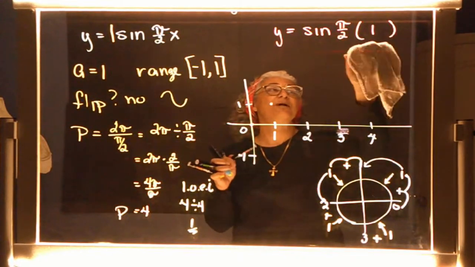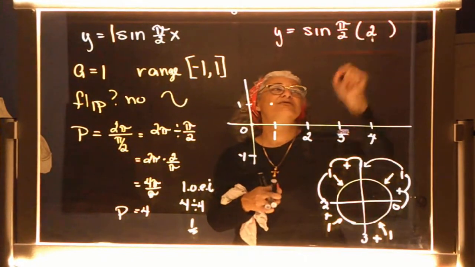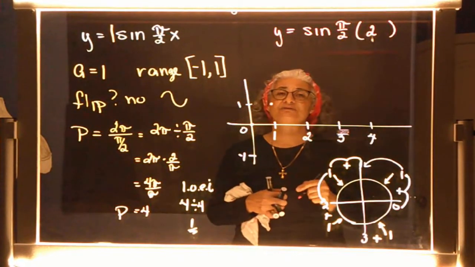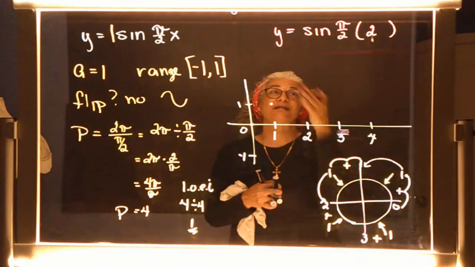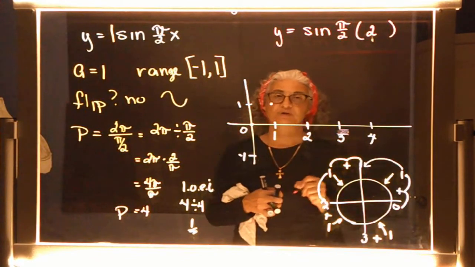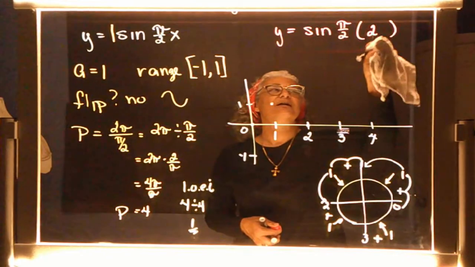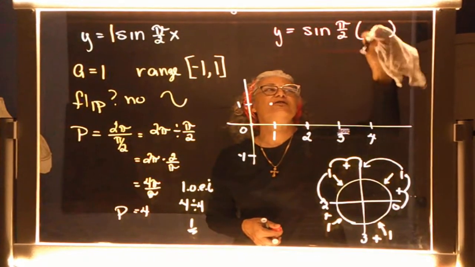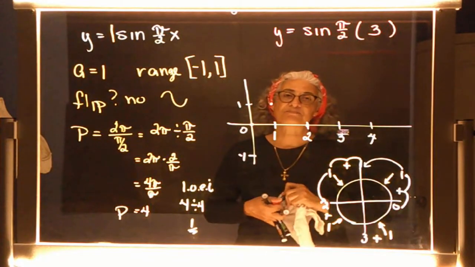Okay, the next radian I'm plugging in is 2. What's pi over 2 times 2? Pi. I'm back at pi. Well, that's good, because I know the sine at pi. What is it? It's 0. With me? Getting the hang of it? Okay. Next I'm plugging in is the 3. So what's pi over 2 times 3?